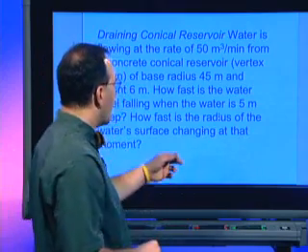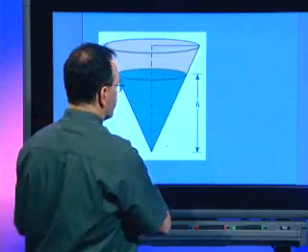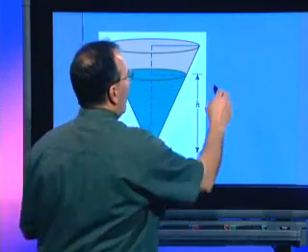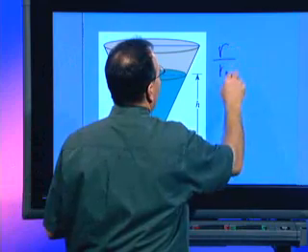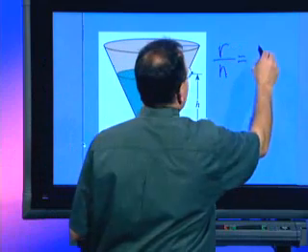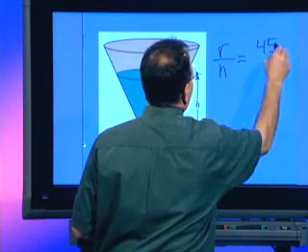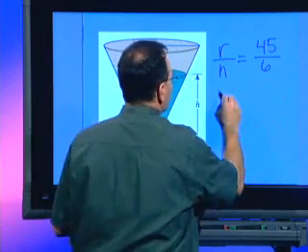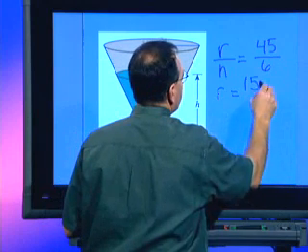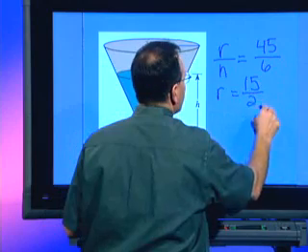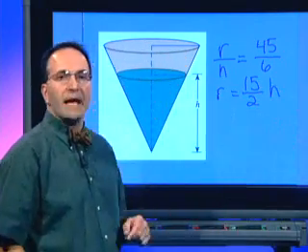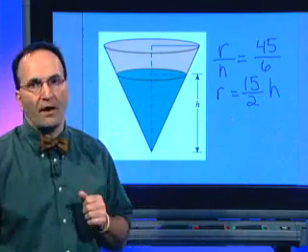So let's start off with looking at our picture and remembering that this time R over H is equal to 45 over 6. So the R is equal to 15 over 2 times H. And that's what we're going to use to make our substitution into the volume formula.